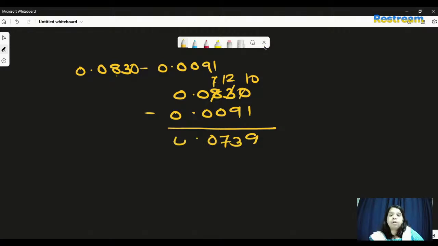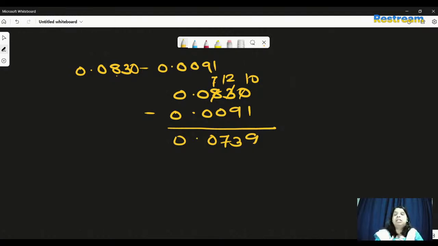7, 0, 0. So this is how your actual decimal subtraction works. It is like normally subtracting 91 from 830. So whether it is decimal places or whole numbers, the procedure of subtraction remains the same.